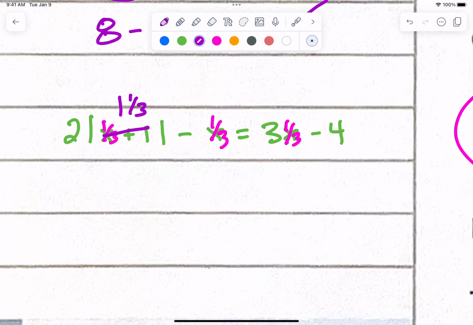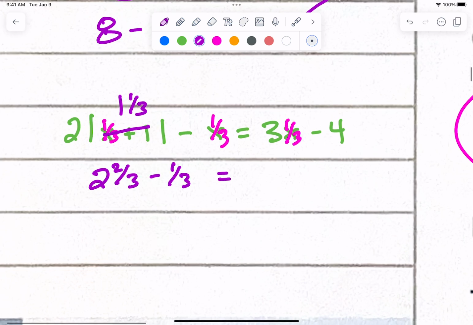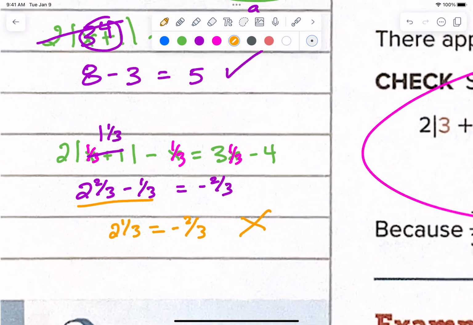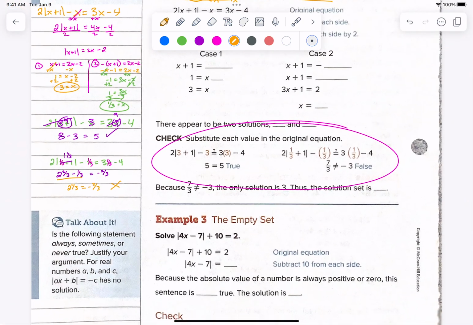What's 1 and 1/3 times 2? 2 and 2/3. Minus 1/3 equals, what's 3 and 1/3 minus 4? Negative 2/3. All right, what's 2 and 2/3 minus 1/3? 2 and 1/3. 2 and 1/3 equals negative 2/3. No, that's not true. So 1/3 is not the correct answer.